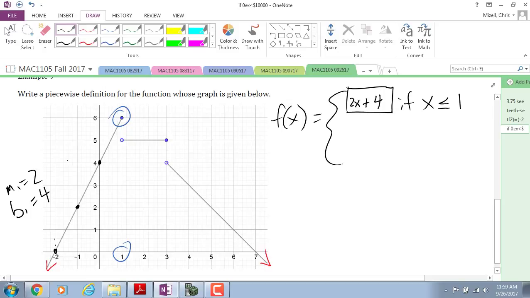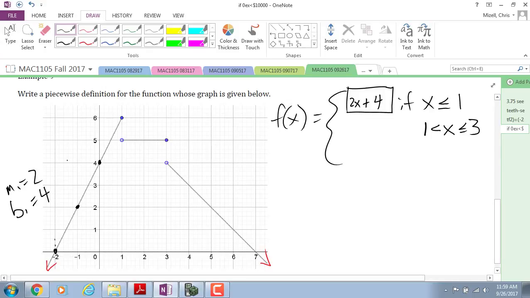Next piece of the graph is from this open circle to this solid dot. So it starts just on the other side of 1, does not include the 1, and it goes all the way over to 3. There's a solid dot at 3, there's an open circle at 1.